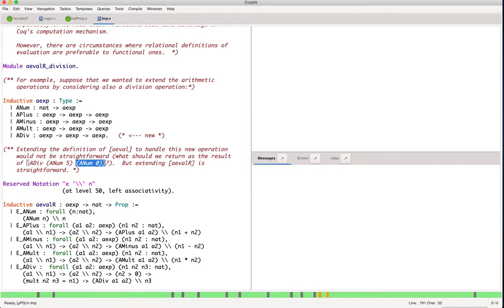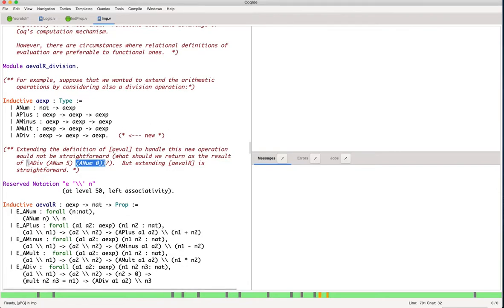Now we could possibly say, well, let's make A-eval return an option or something that says, well, it worked or it didn't work, but then that's unwieldy because then each of the recursive cases has to check whether the recursive case worked or not, and if it didn't, propagate the not working to the next level, and it gets messy. Build nested options and things like that.